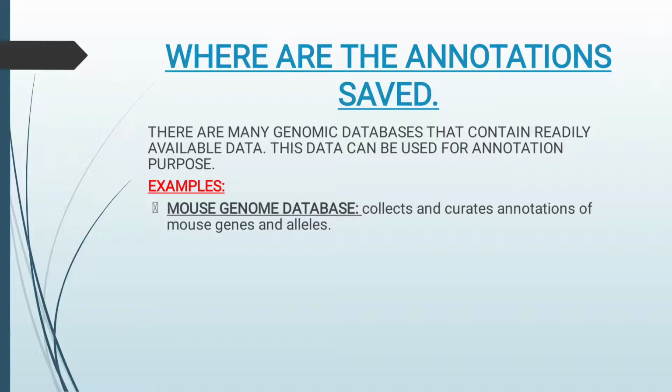So whatever genes and alleles are present in this genome, these are taken and sequenced. The sequenced genes are present in the NCBI site. From there, these are collected and compared with various other sequences. Let's say we are comparing it with the human sequence, and after comparing the two sequences, whatever data we get, we can save within the mouse genome database.